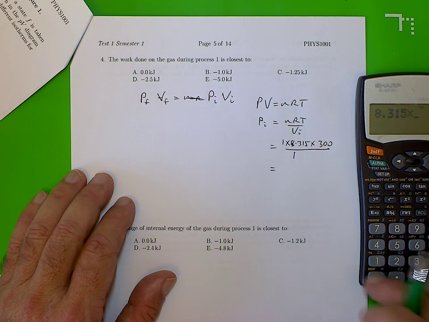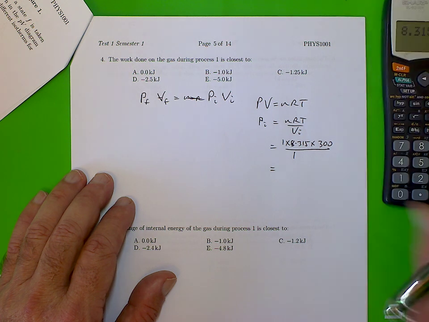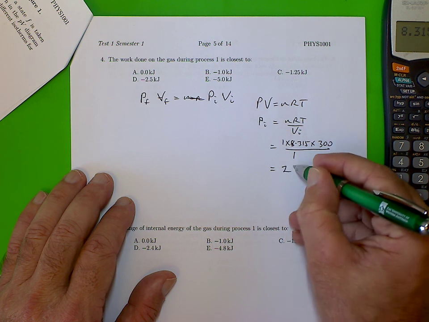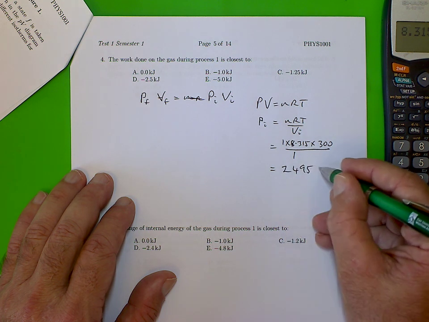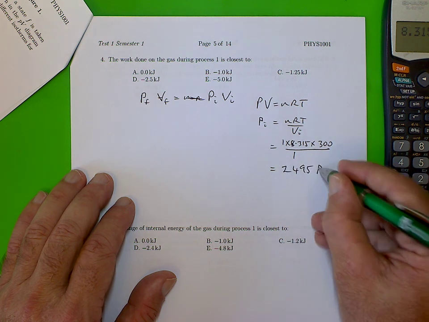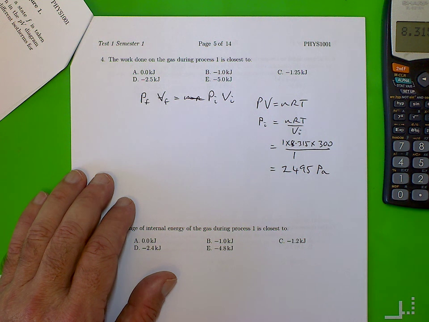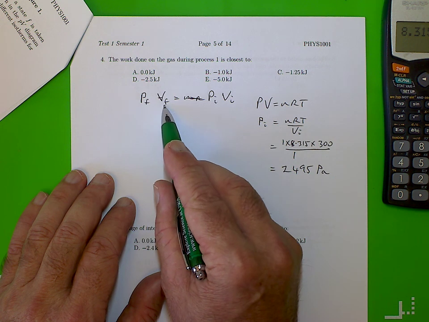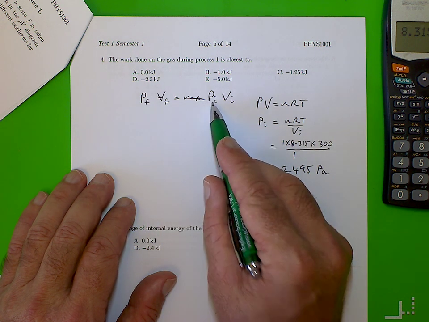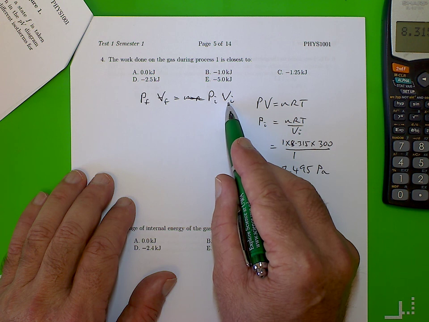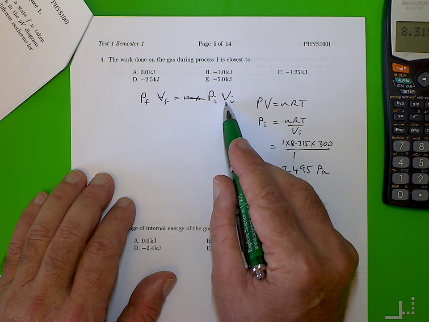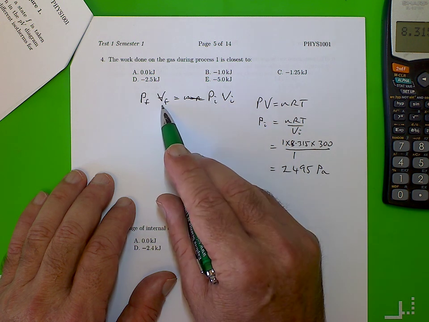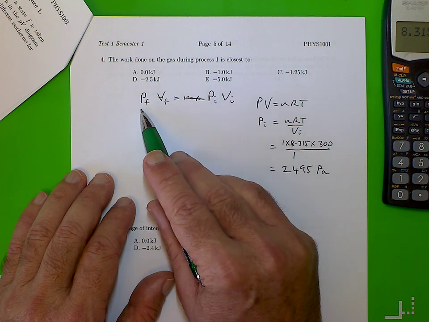I made this harder than I needed to, because if we now go here, PF times twice the volume is equal to PI times the original volume. So we've doubled the volume, therefore we must halve the pressure.